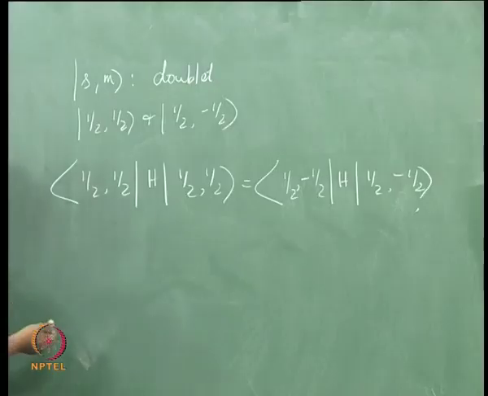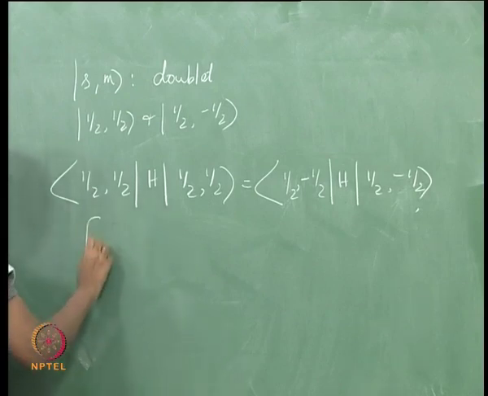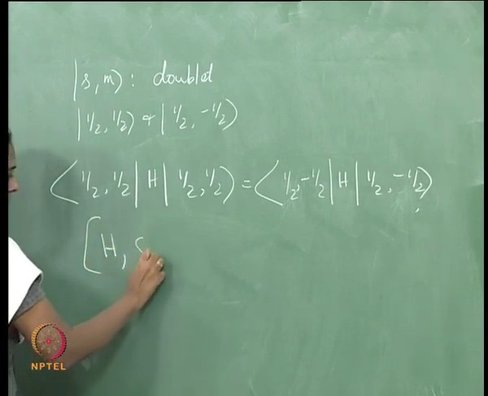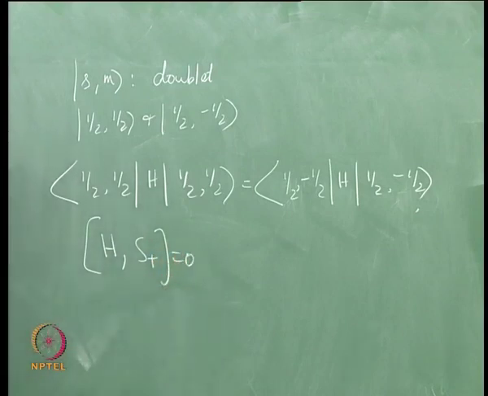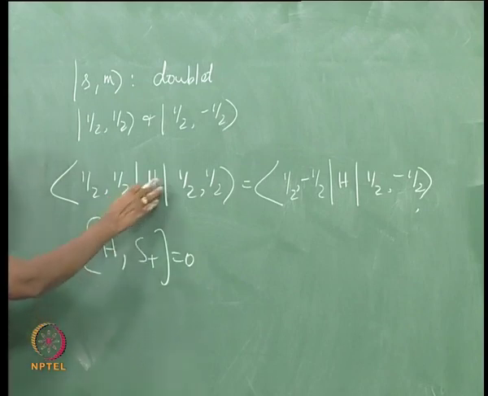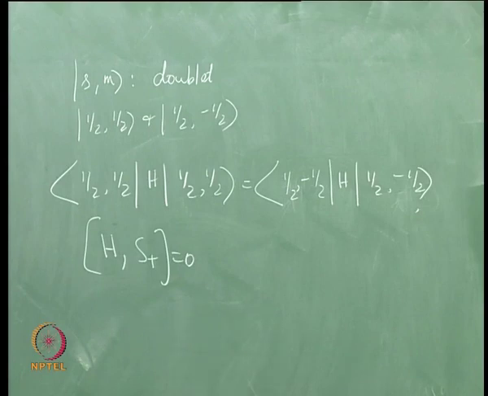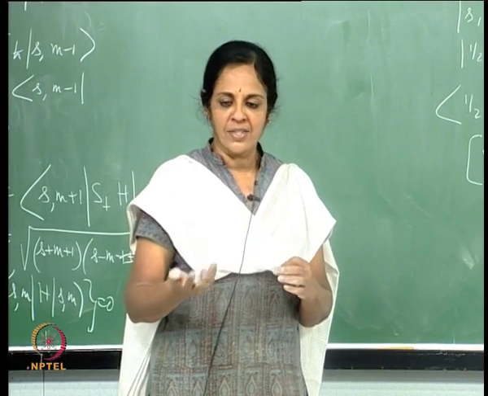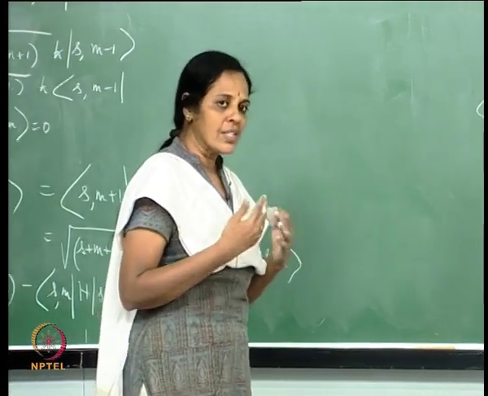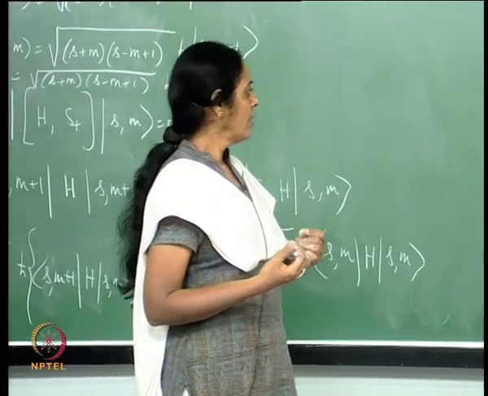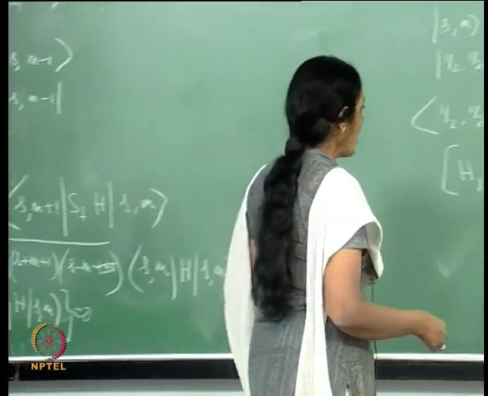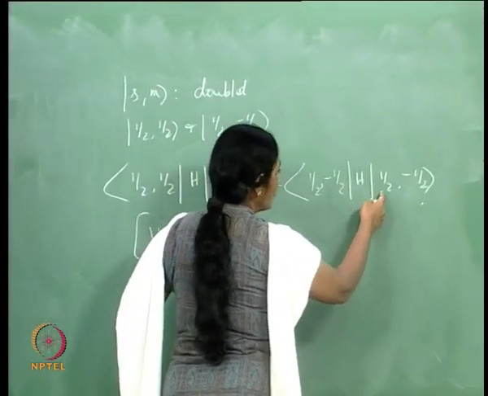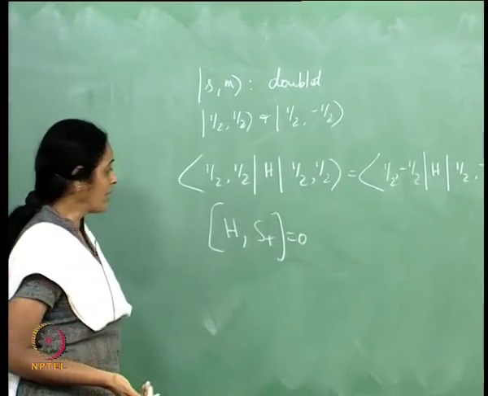The manner in which I take care of this is by starting off with a Hamiltonian which commutes with S plus. Once this is given to me, it automatically follows that objects in a certain state of spin, in the sense that S is fixed but m has a definite value, objects in a state |S, m>, would have the same rest mass as the state with |S, m plus 1> or m minus 1.